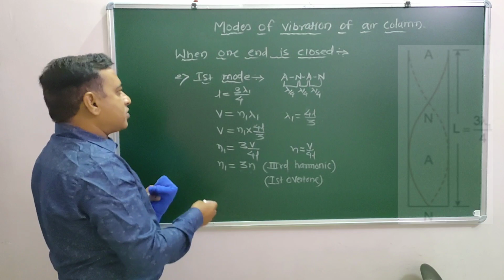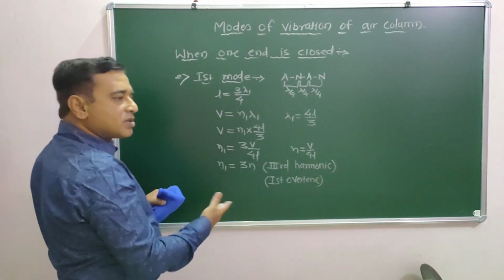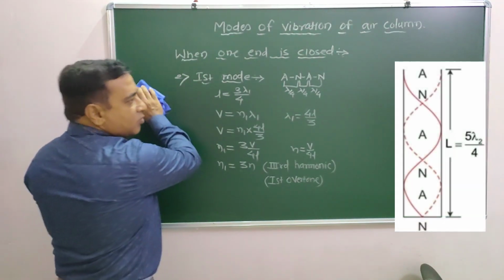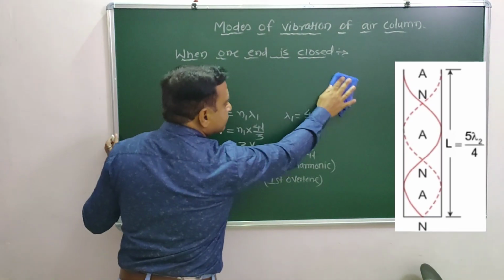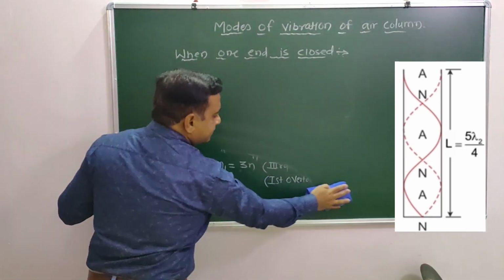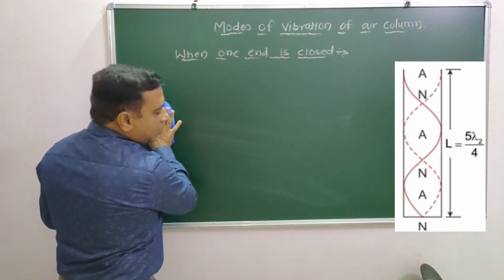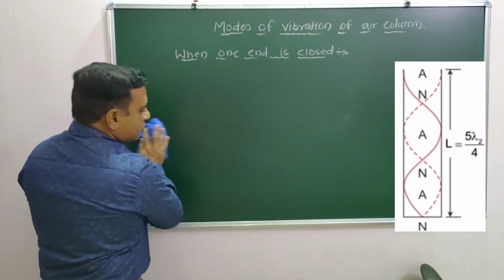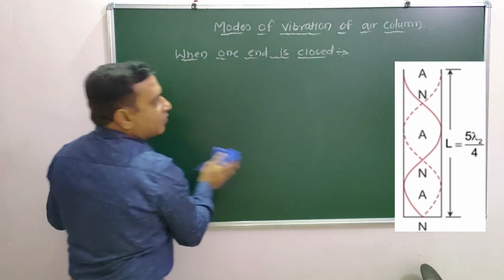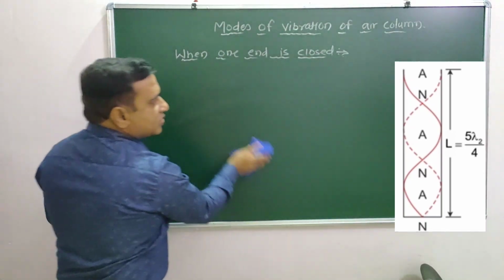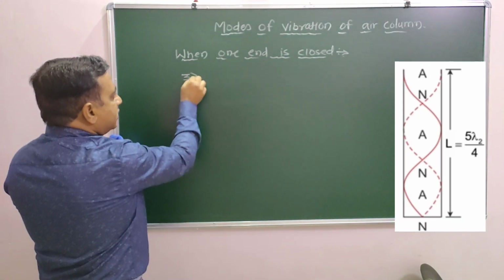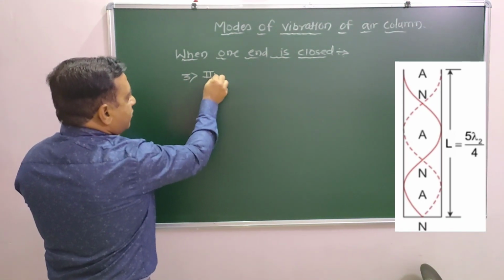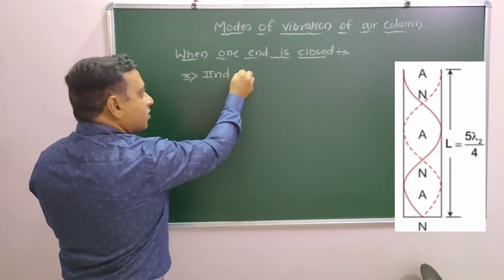So the same phenomena we are going to observe for the second mode, for the higher frequency. So we have the second mode. Observe the diagram. In the diagram, once again, how many antinodes and how many nodes are formed? At the open end, we have the antinode, and at the closed end, we have the node.